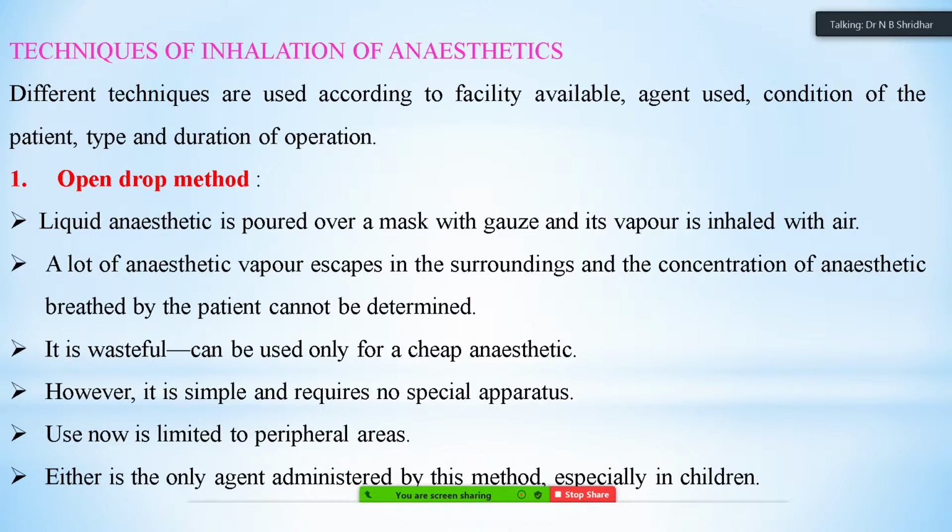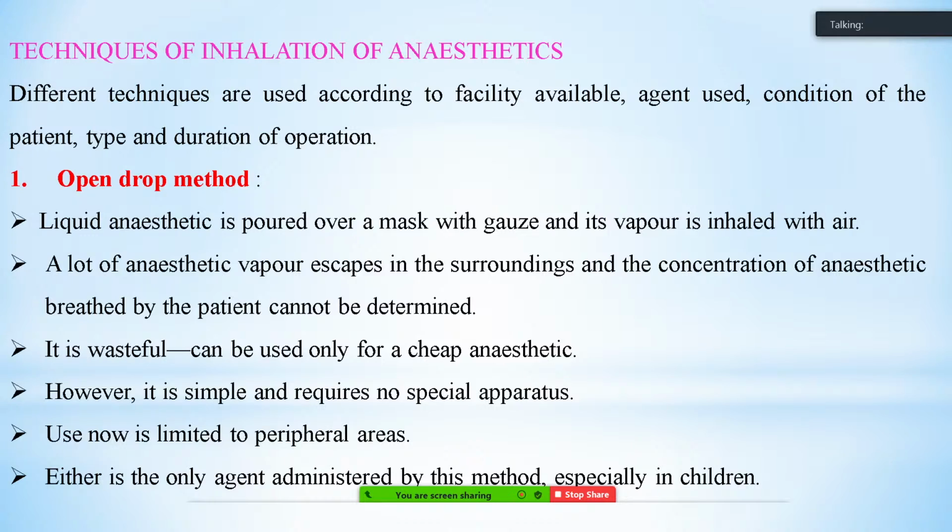It is wasteful and can be used only for cheap anesthetics. Costly anesthetics like halothane, enflurane, sevoflurane, etc. should not be used this way, whereas cheap anesthetics like ether can be. Now it is used only in peripheral areas.